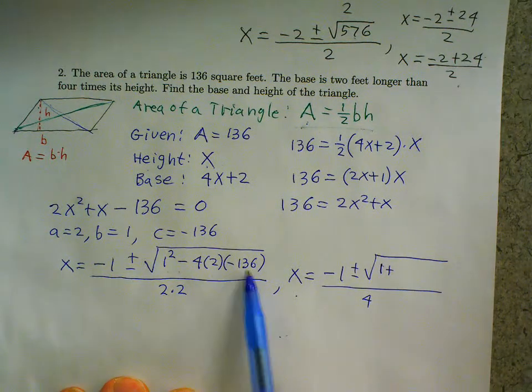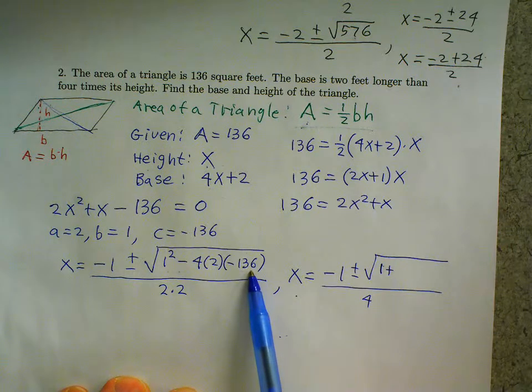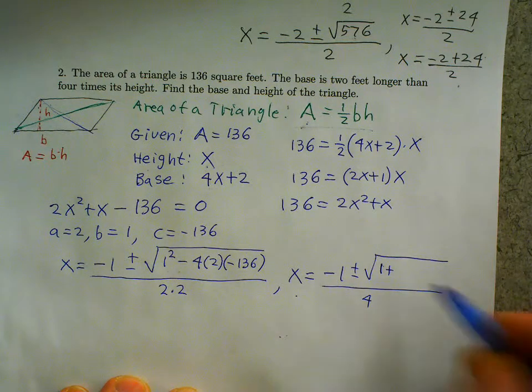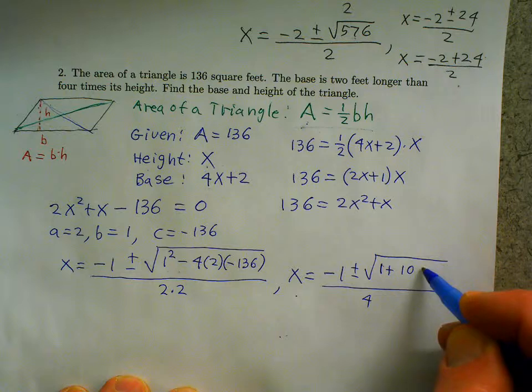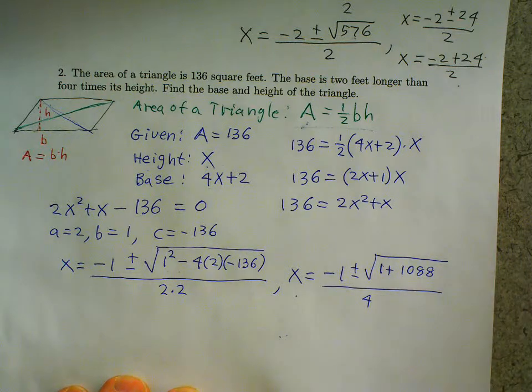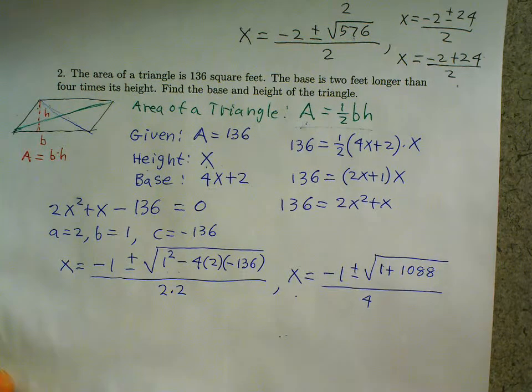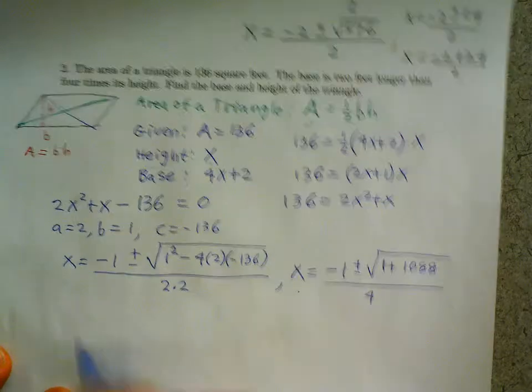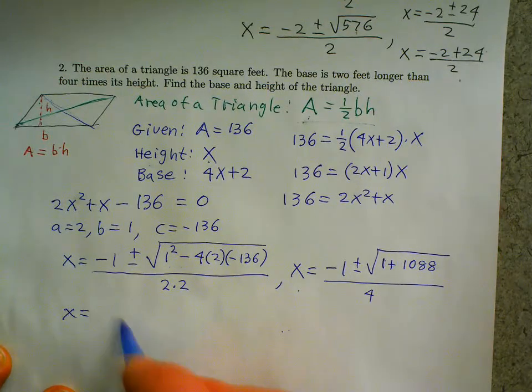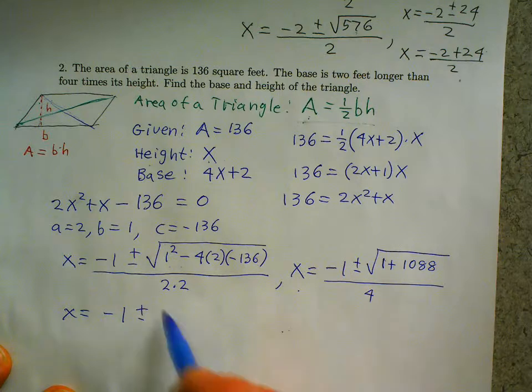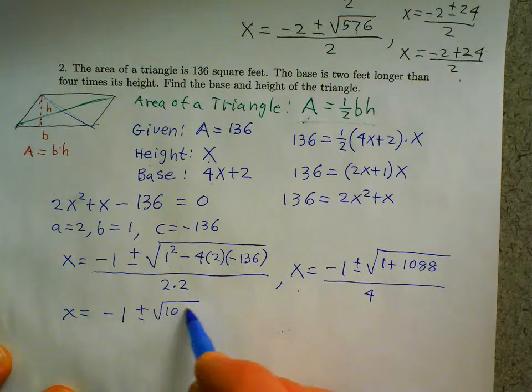And 4 times 2 times 136 is 800 plus 240, 1040 plus 48. So I get 1088. So you might want to check my arithmetic on that. And then inside the square root, we have the square root of 1089.